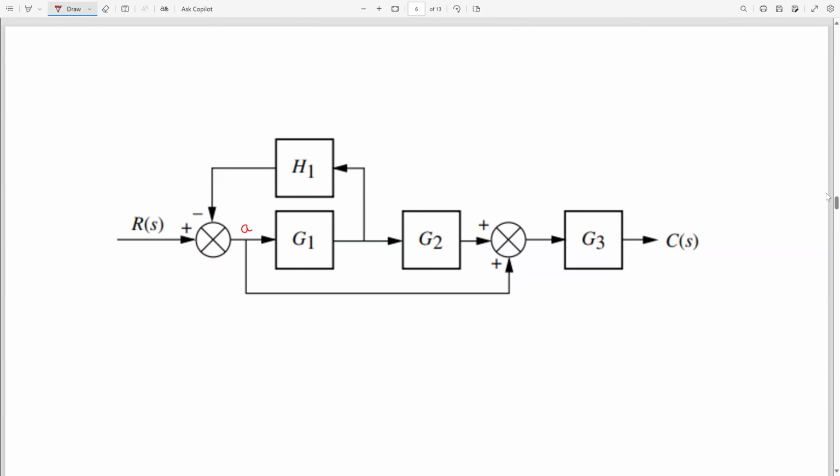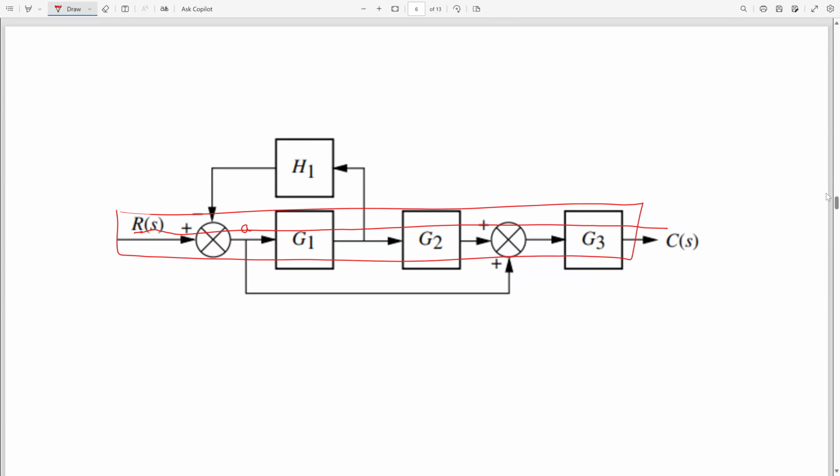In this case, the forward path is the straight line from this input to this output, and this whole path here becomes my forward path. The most advisable thing to do is search for the forward path and then identify all the internal signals from there. That would help a lot.